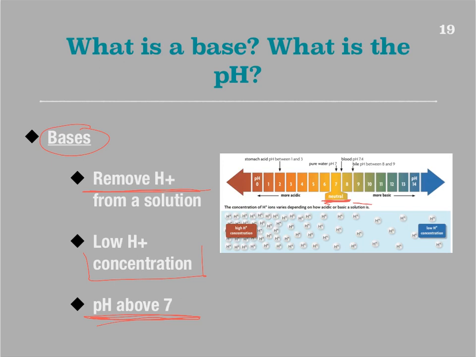And as you go to the right up the scale for 8, 9, 10, and whatnot, things get more basic or more alkaline because they have a way lower concentration of hydrogen ions. Okay, so these would be said to be a weak base, like around 8-ish, and going this way, these would be stronger bases or more strongly alkaline.